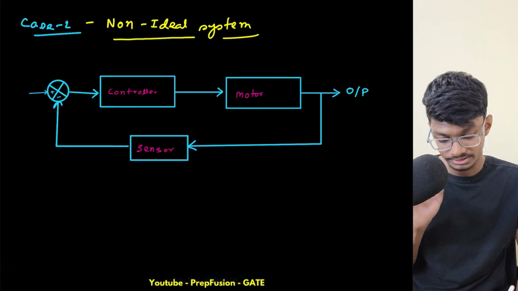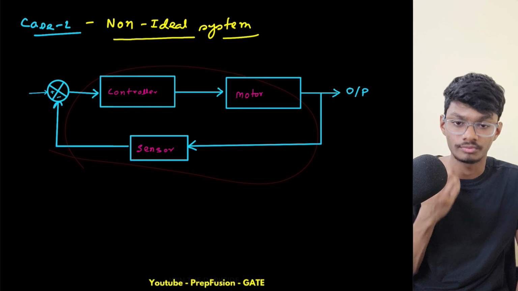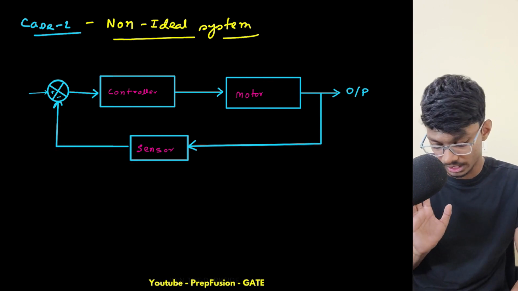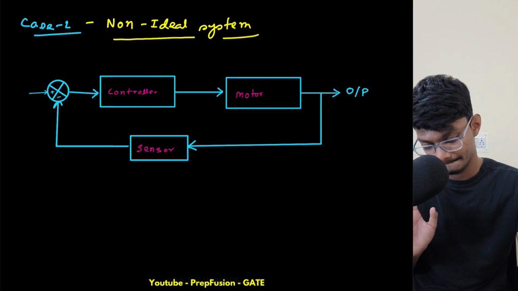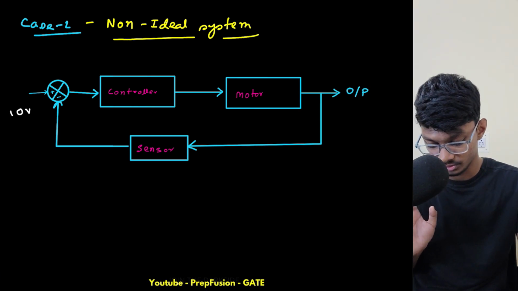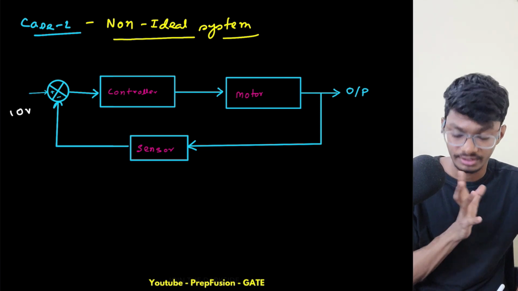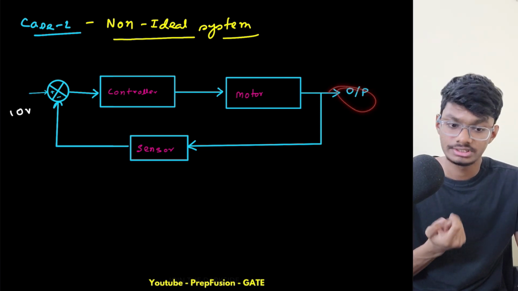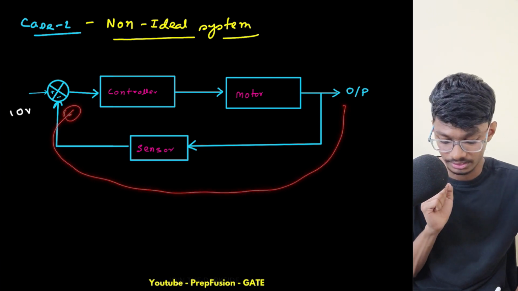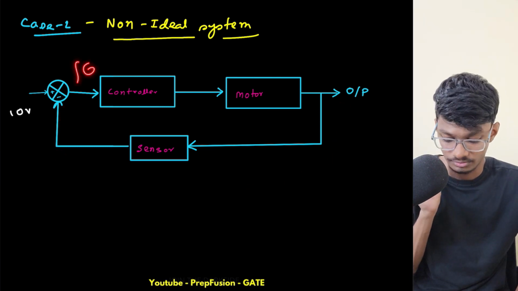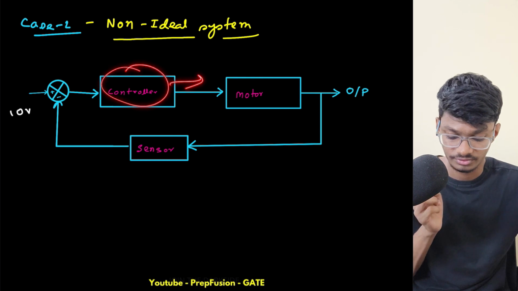Now let's understand what will happen here. I am giving it a reference input of 10 volts. Initially the output was 0. The sensor is giving me 0, the reference is 10, and the controller will give some output.